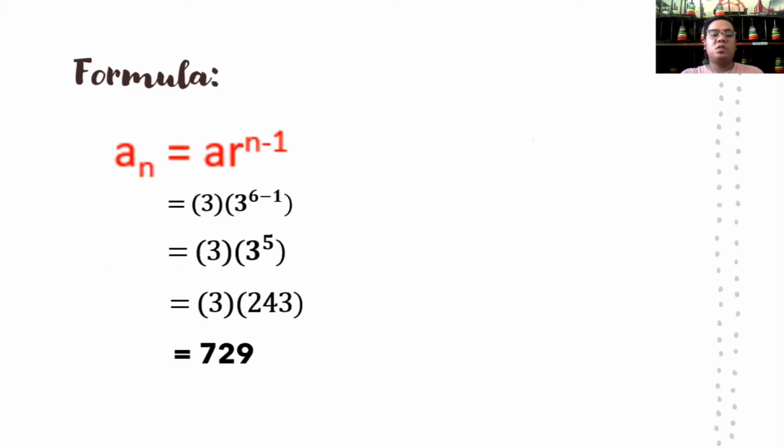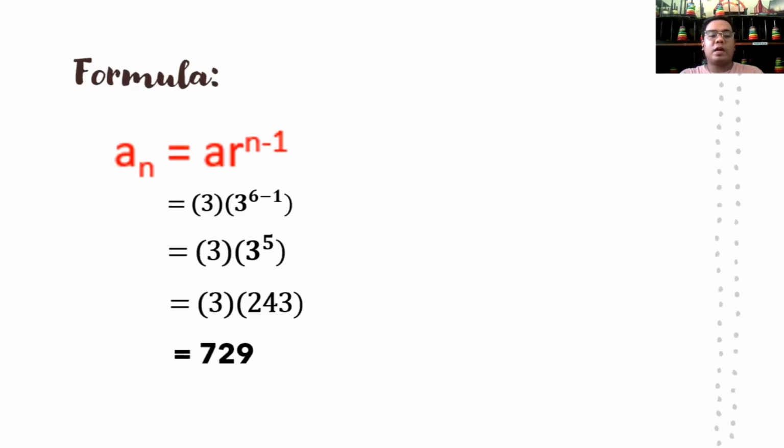And simply substitute: our first term is 3, and our common ratio is also 3, as our r, to the power of 6 minus 1. n is equal to 6 because we are finding the sixth term. Simplify first the exponents, so that becomes 3 times 3 to the power of 5, as 6 minus 1 is equal to 5.